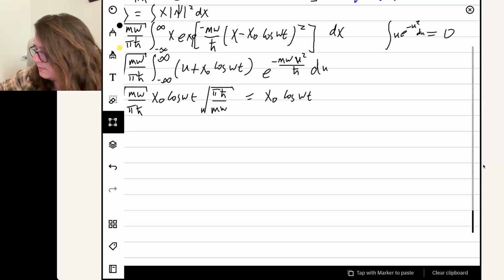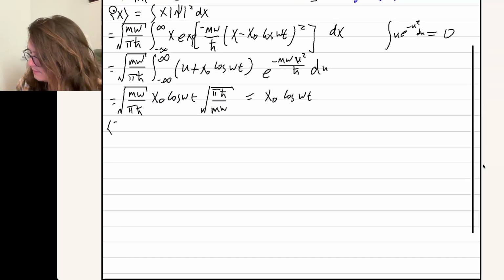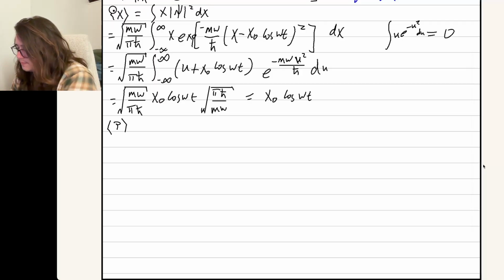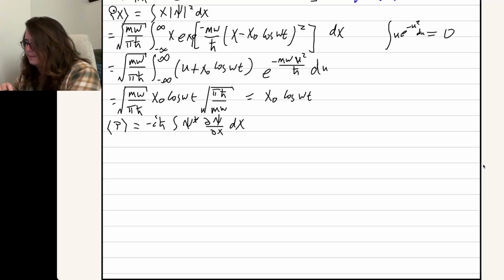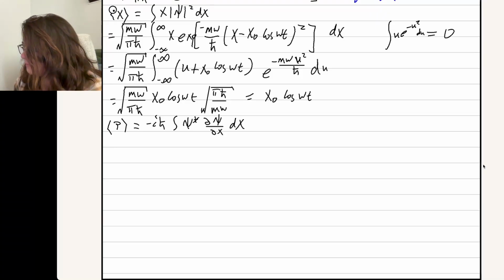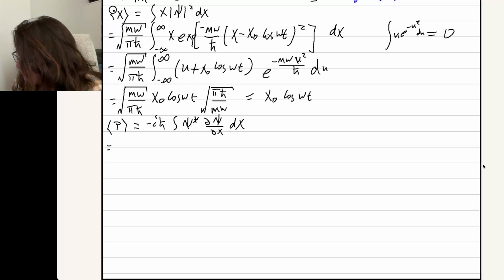And so we can look now at the expectation value of momentum, which is a little bit cursed because it's minus i h bar integral over all space psi star del psi del x dx. But we already happen to have calculated del psi del x, so it's not that much of a problem for us.